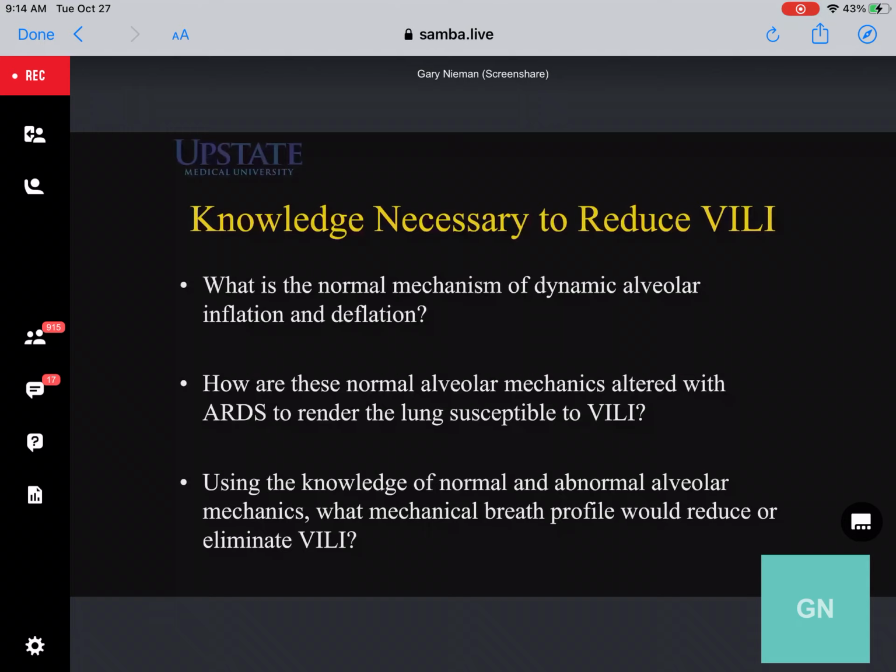What I mean by that is all of the volumes, pressures, flows, and rates, and more importantly, the amount of time that each of those components of a mechanical breath are applied during inhalation and exhalation that would be necessary to reduce or eliminate VILI. So essentially what we want to do is take these normal alveolar mechanics and then with our mechanical breath, reestablish normal dynamic alveolar ventilation. And if we can do that, then VILI should be eliminated.